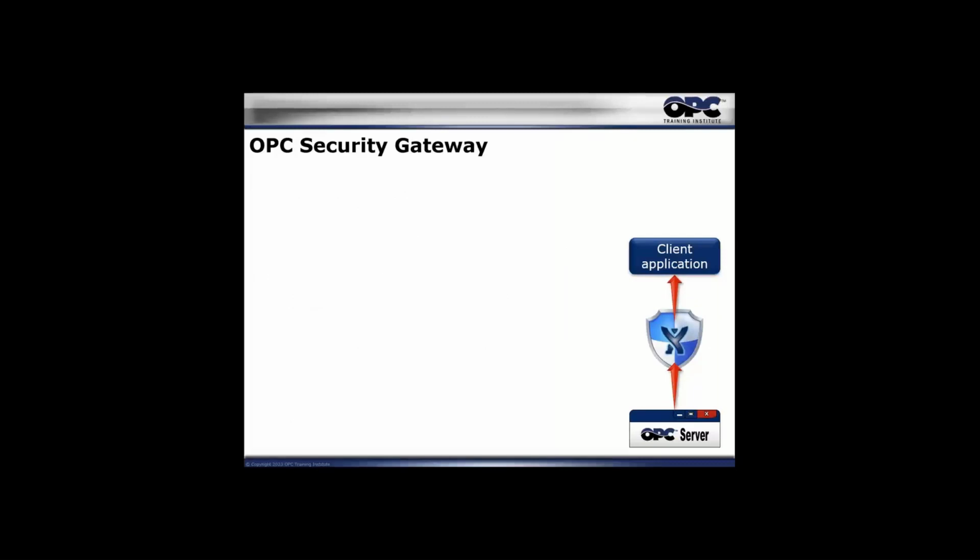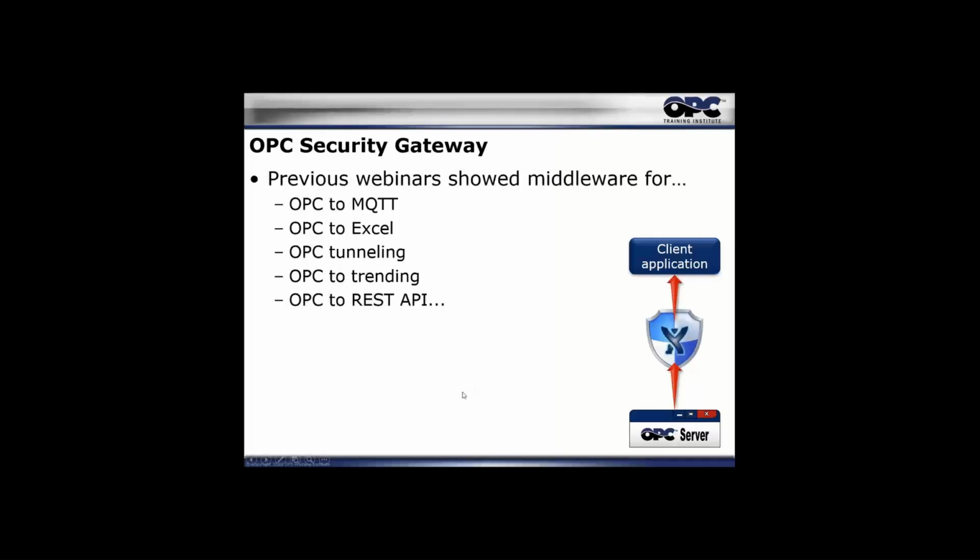So let's talk about the security gateway. The idea is, instead of just connecting the client directly to the server, we have a security gateway here. So you don't let people connect directly to your server, you put them through a security gateway. And in previous webinars, we already showed this middleware, this gateway for OPC to MQTT, to Excel, to tunneling, trending.